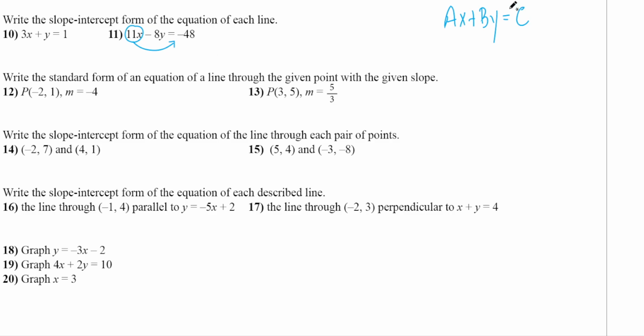First thing I would do is not put it in this directly because this negative 2 and 1 do not go in for the A, in for the B, or in for the C. Everybody see that? So I'm going to put this in slope-intercept form first, and then I'm going to take it from slope-intercept and put it into standard form. Yes?